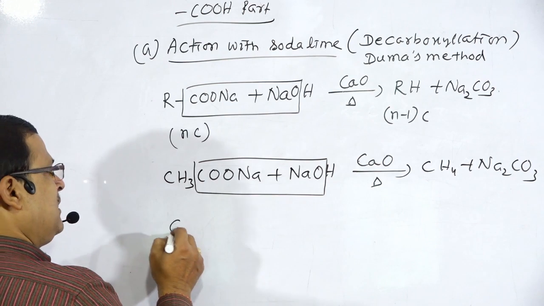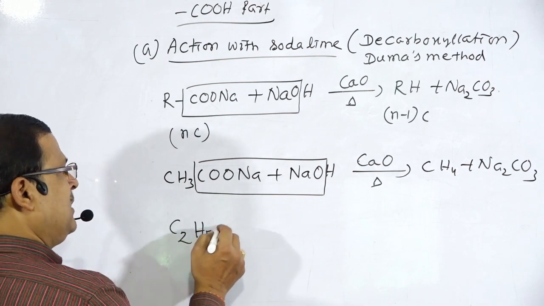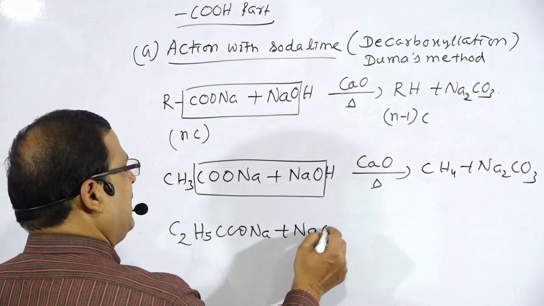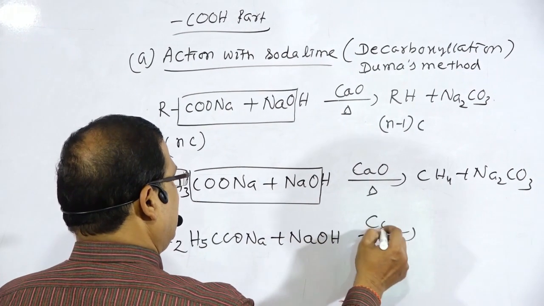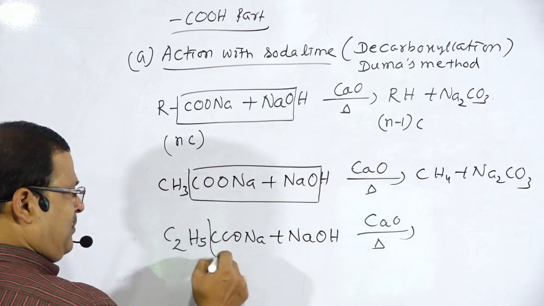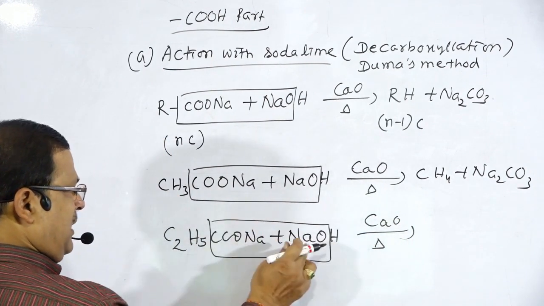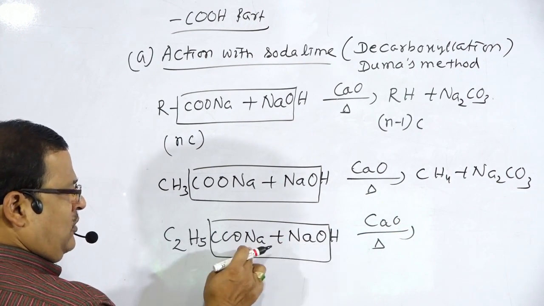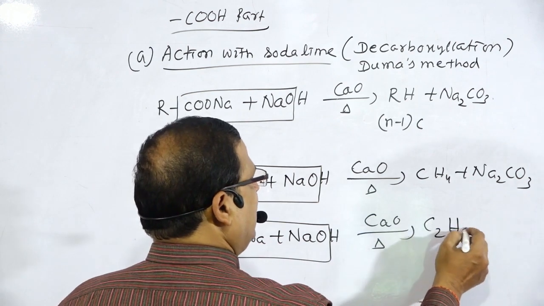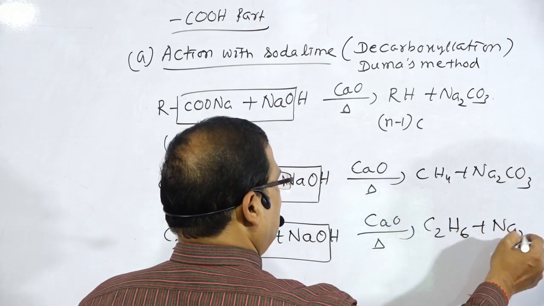Similarly, if we take C2H5COONa and heat it with soda lime, NaOH and CaO, there is the formation of Na2CO3, and C2H5 and H combine to form C2H6 plus Na2CO3.